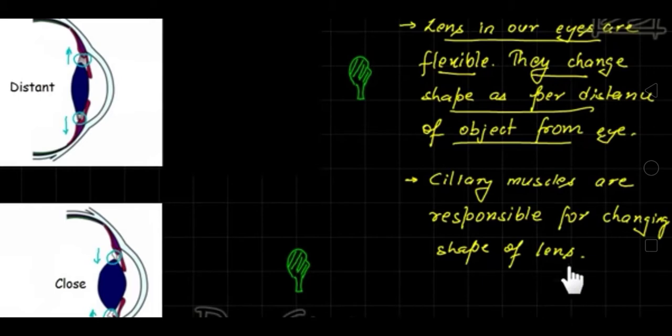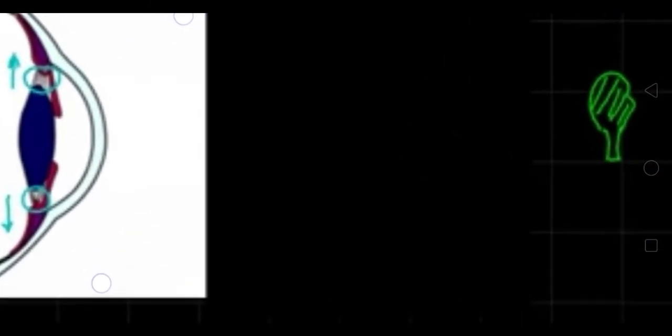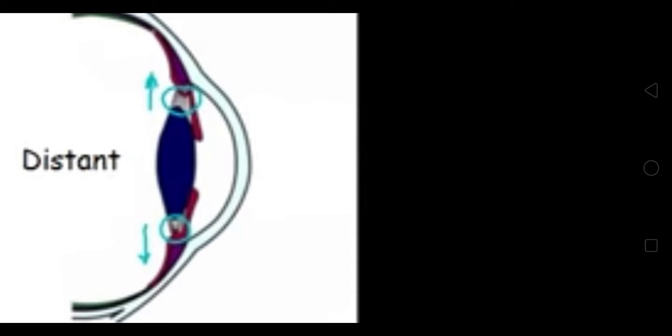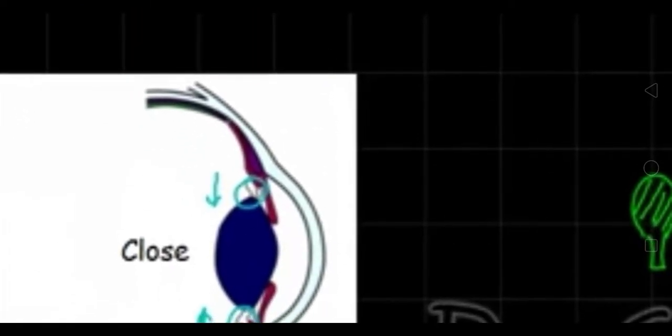Next, our lens. The function of the lens is to make the focus. But how does the convex lens adjust itself to see distant and near objects? The lens is adjusted with the help of ciliary muscles, which hold the lens.